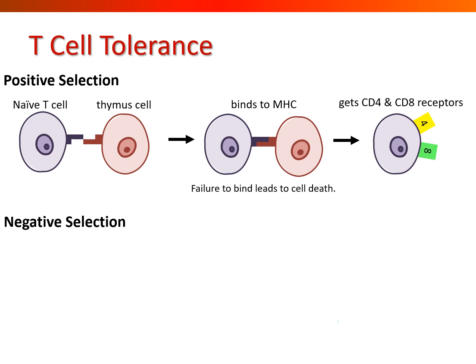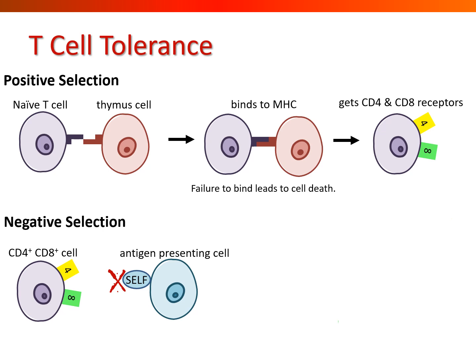Now in this scenario, our little T cell with both its CD4 and its CD8 receptors is going to be exposed to a cell that has some self-antigen in its major histocompatibility receptor site. And the thing that we don't want to have happen, and that's why I have the red X here, is any sort of acknowledgement or recognition of that self-antigen that will trigger an immune response.